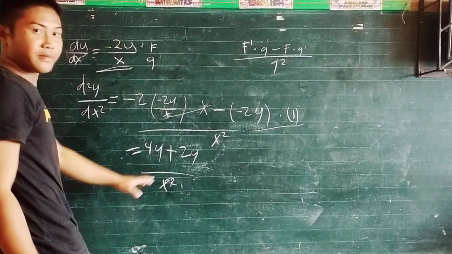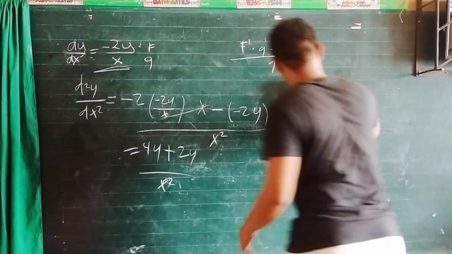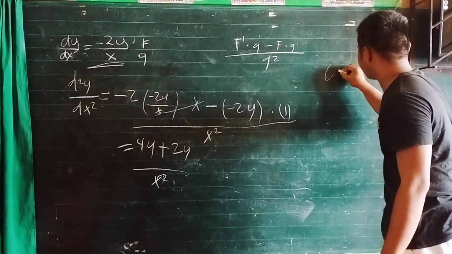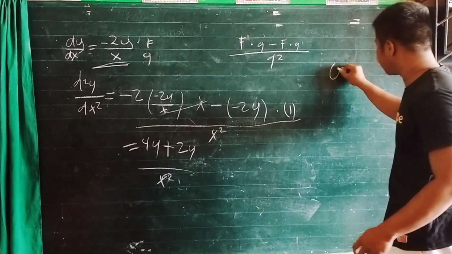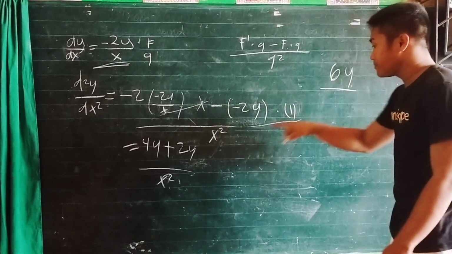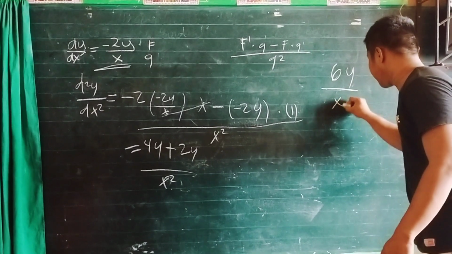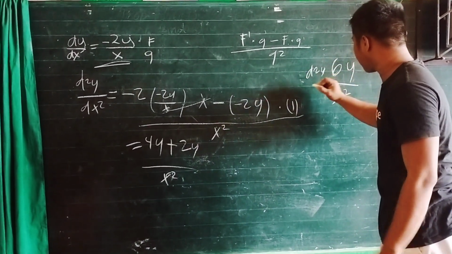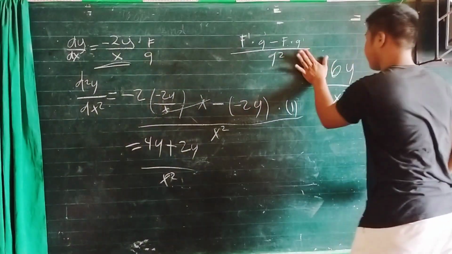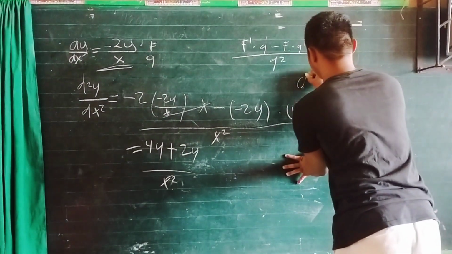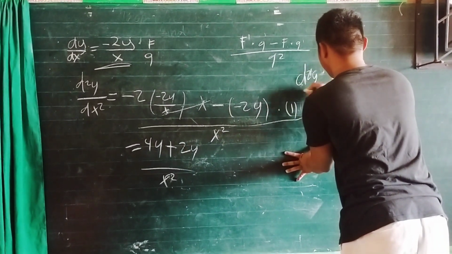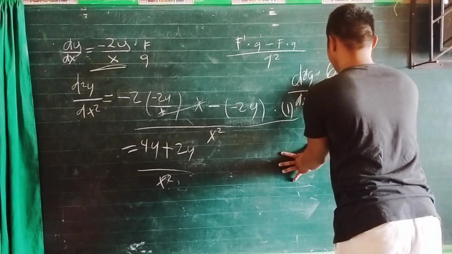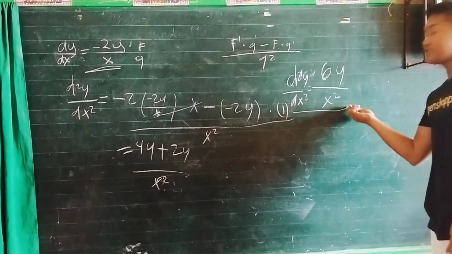So we have to combine like terms. 4y plus 2y is 6y over x squared. So this is now our second derivative.